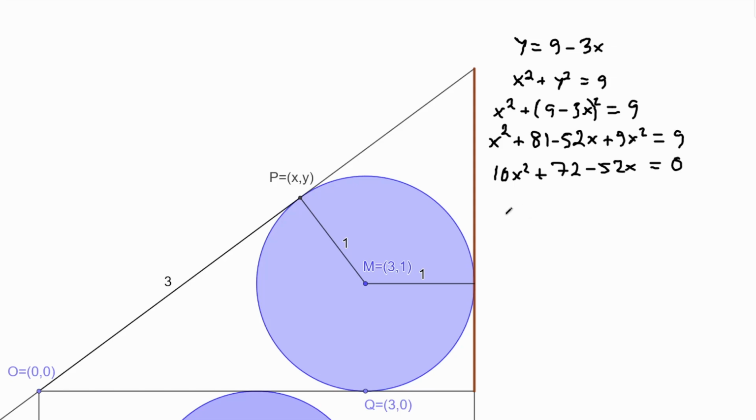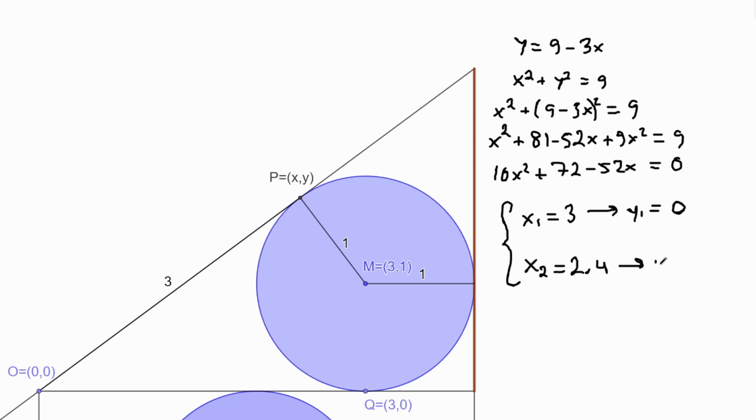If you calculate correctly, you get that you have two solutions. First, we have x1 equal to 3, which leads us to the first y1 equaling 0, corresponding to the point Q. But then we have also the other solution, x2 equals 2.4.